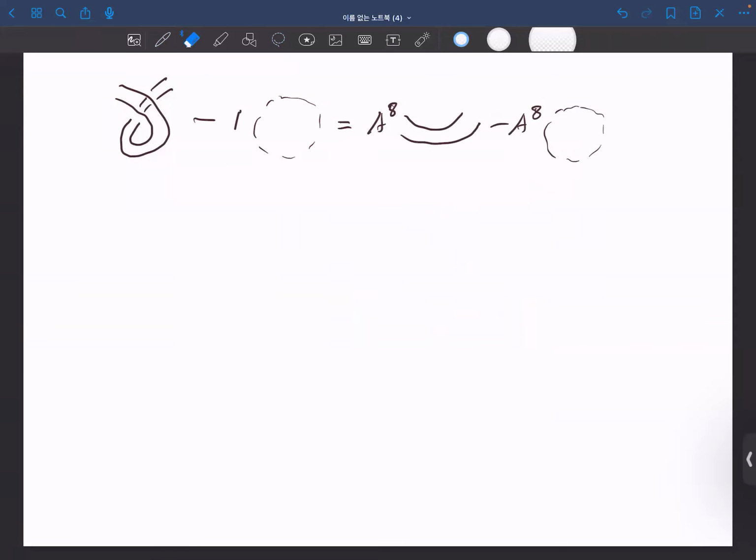If we change like this, then we can get such a thing. And in some sense, this is the form which we wanted to obtain, right?